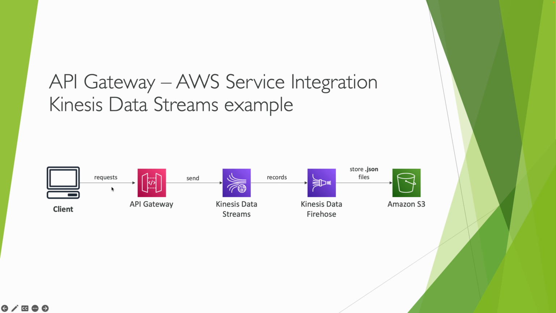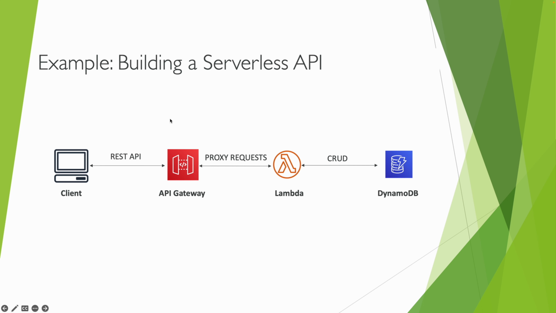Okay. Another thing is you can create a REST API using API Gateway. Whenever the client calls a REST API, you can take the request and the data and send it to a Lambda function. The Lambda function will execute the code and put the data in DynamoDB.